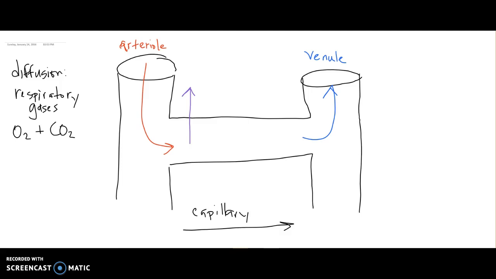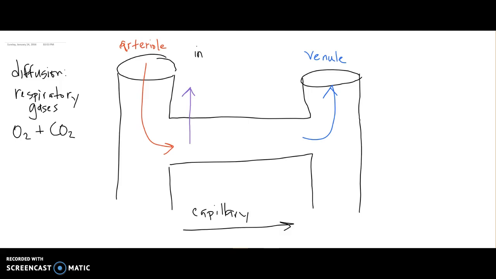This space out here is called the interstitial space. I can't spell today. Let's try that again. That dot doesn't want to go away. Here we go.